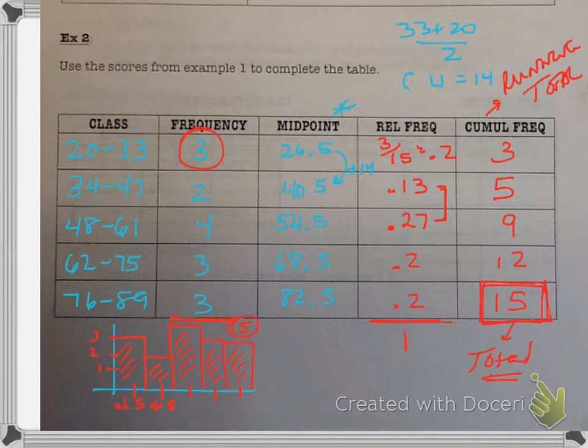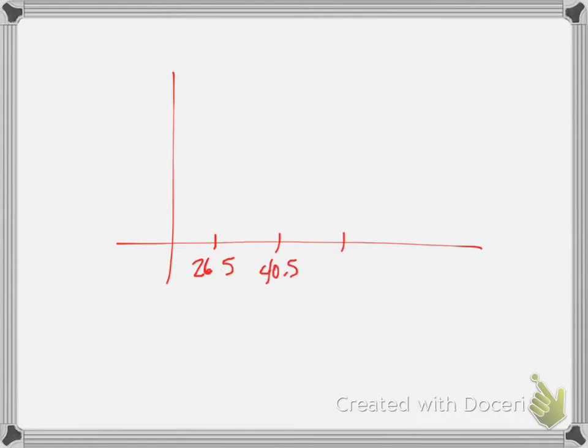So let's take that and show you what we would do here. Well, what we might do is form another histogram, right? Our first one was 26.5, then we had 40.5, and so on and so forth. And this histogram might be just of the relative frequencies. So 0.1, 0.2, 0.3, 0.4.